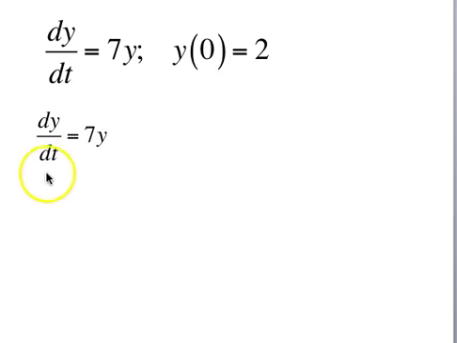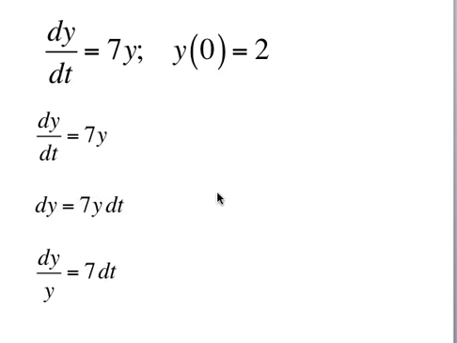And I need the dt away from the y's, so I'll have to multiply both sides by dt. So first multiplying by dt, we get dy is 7y dt, not separated because I don't have all y's on one side and all t's on the other. But if I divide both sides by y, then I will have successfully separated the variables.